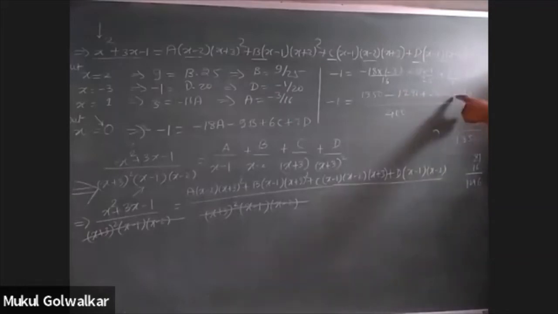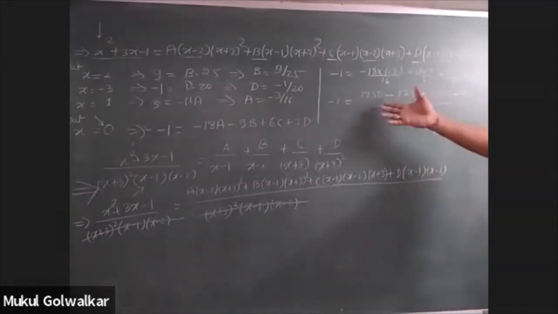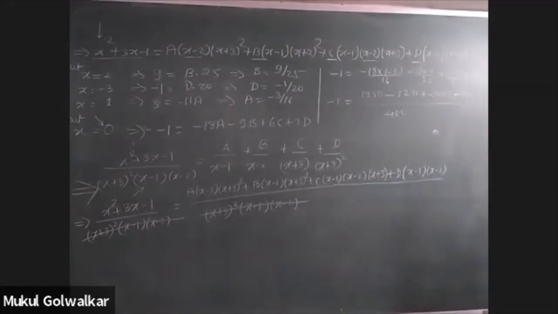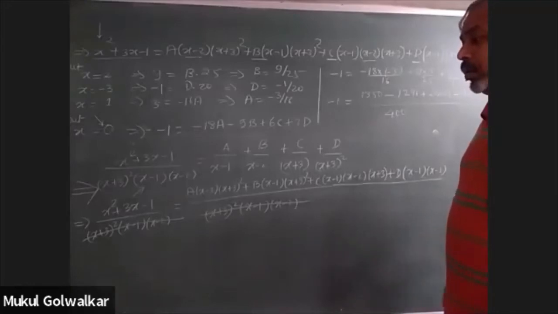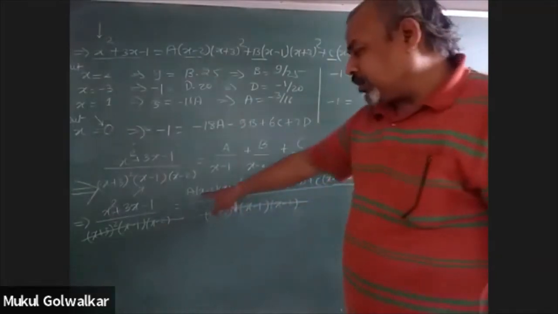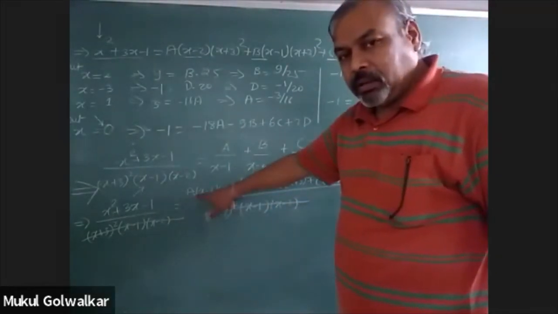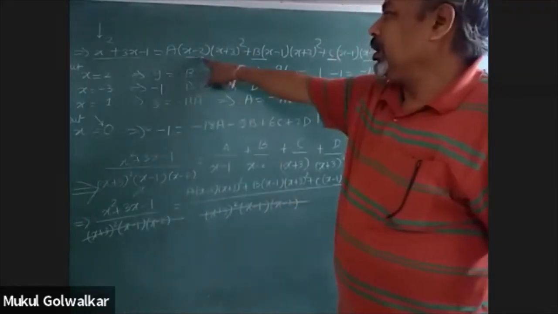So this is the way in which you will be able to calculate the value of c. I hope I should not go into further details. Sir, a, b and c are becoming coefficients of x cube, and the coefficient of x cube over there is 0, so they can also be equated, no?